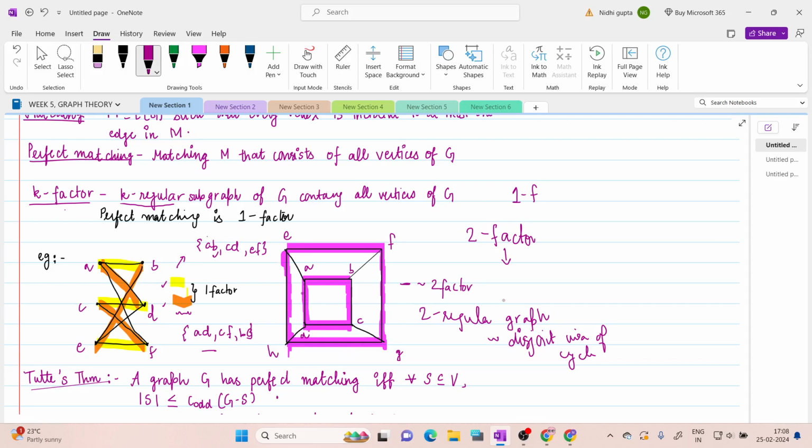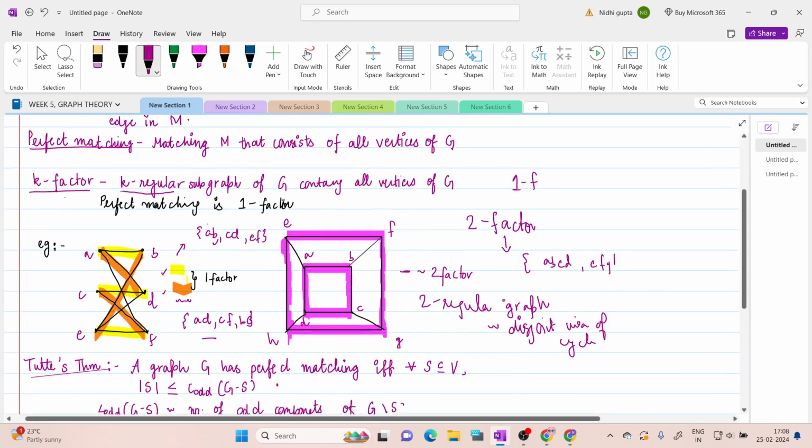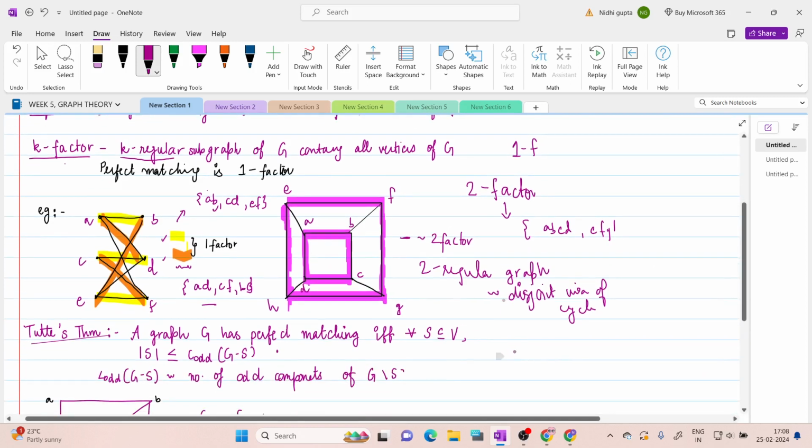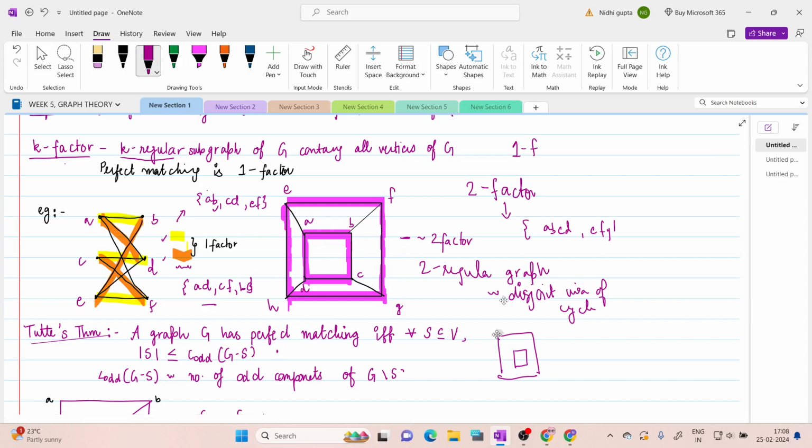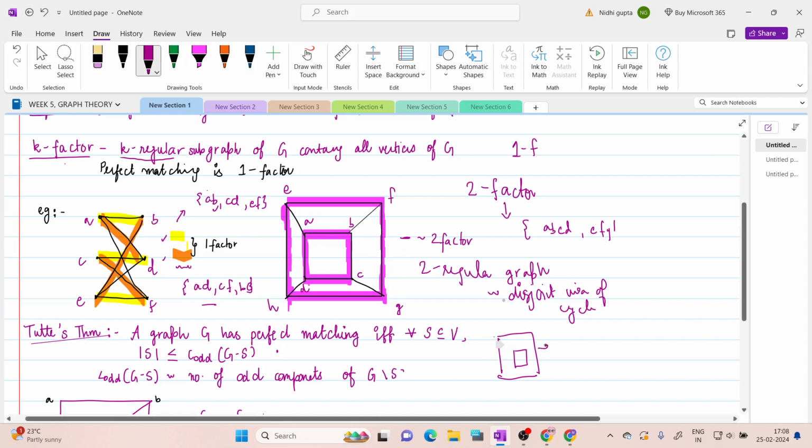If we look at these two cycles, ABCD and EFGH, this subgraph which has just these two squares is two regular and also covers all the vertices of G. So this subgraph H is a two factor of this graph.